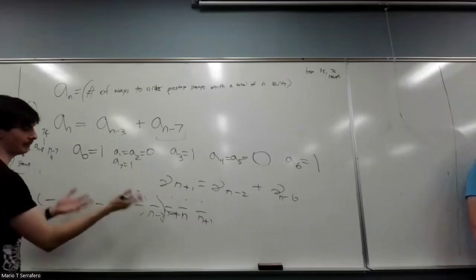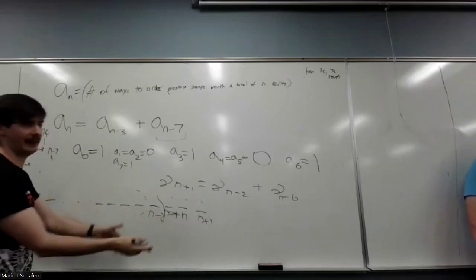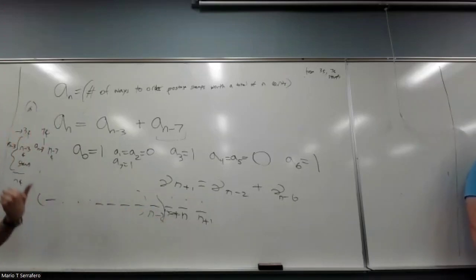I'm not sure if this works with everyone, but for me it works. And then if I'm instead adding the 7, if I go back 6 and add 7, I get n plus 1. Does that make sense?